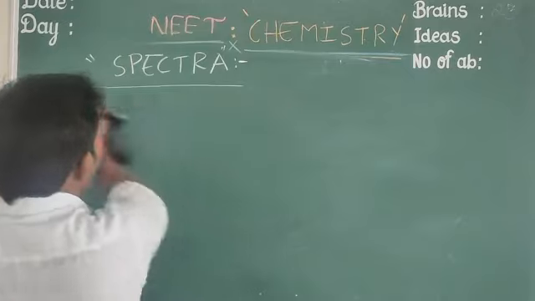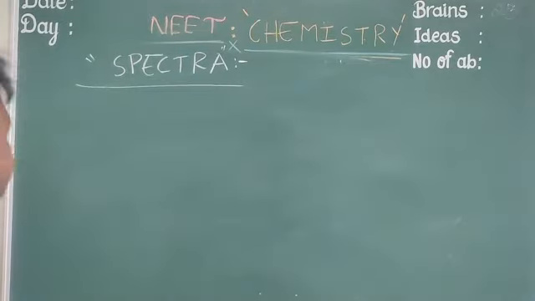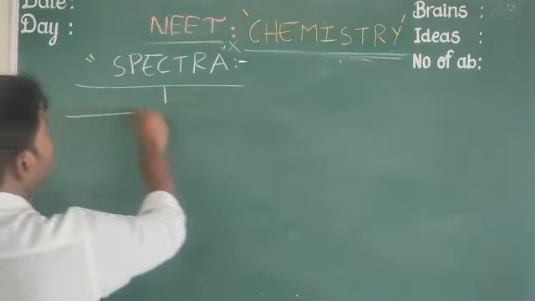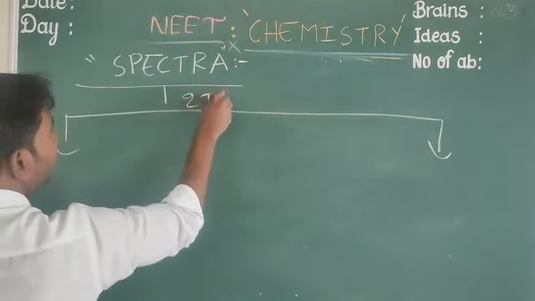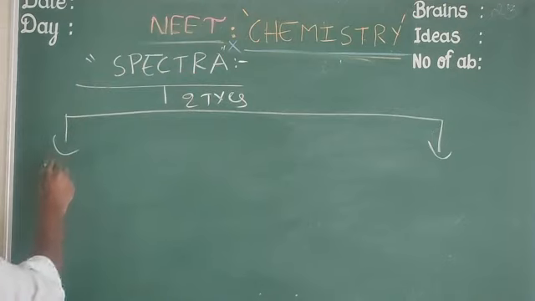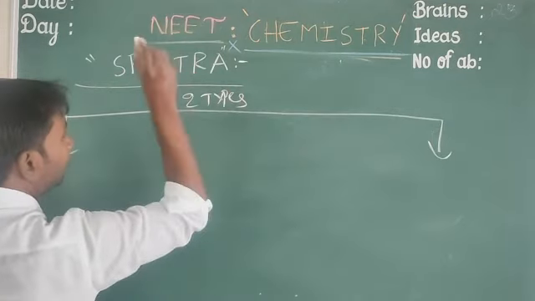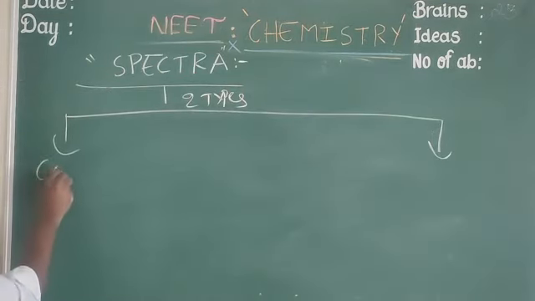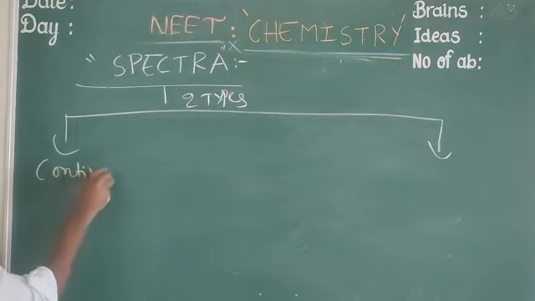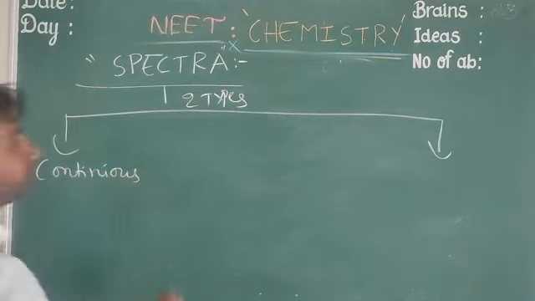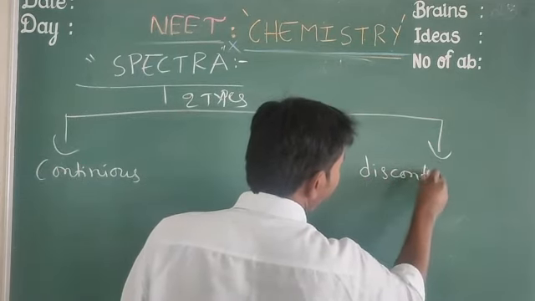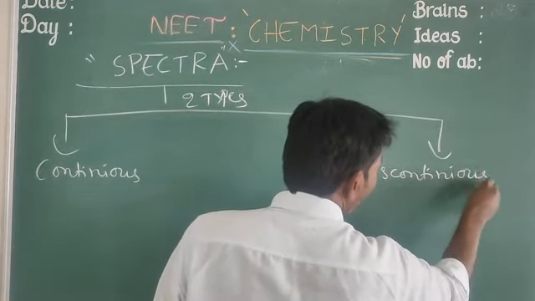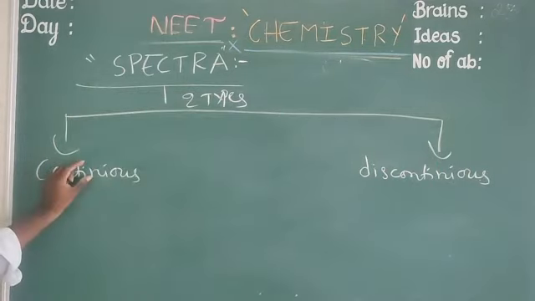Then types of spectra. Generally spectra are of two types. Continuous spectrum, discontinuous spectrum. What is the continuous spectrum?